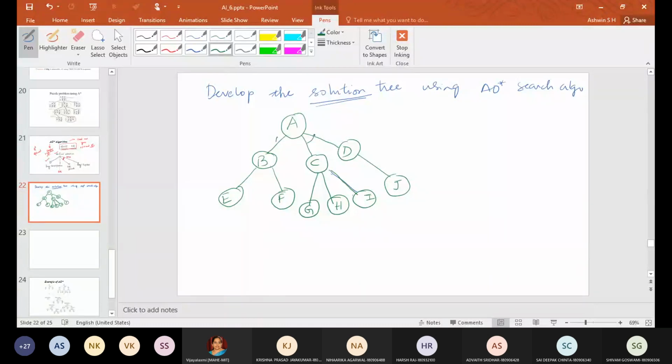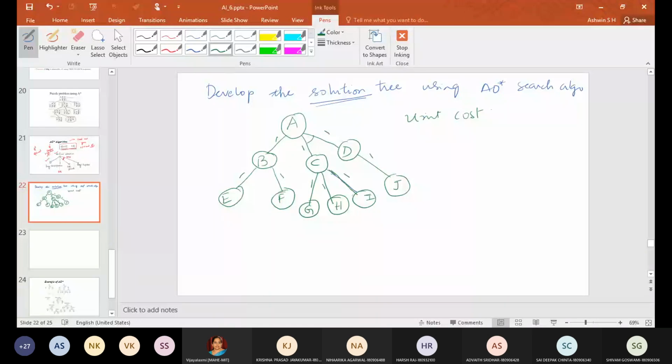All this, we are assuming to be unity. For the sake of simplicity and understanding, I am considering it as a unit cost between each node.